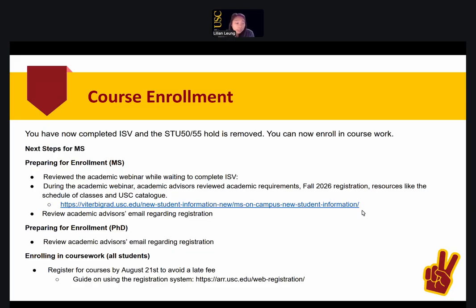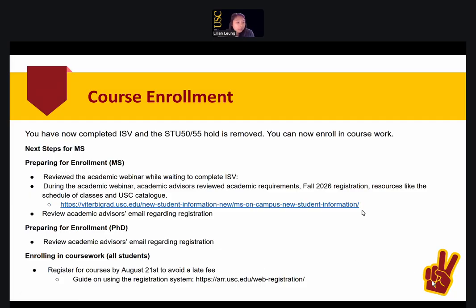You also want to take some time to review any email that is coming from your academic advisor regarding registration. And if you are a PhD student, please just make sure that you are reviewing your academic advisor's email regarding registration.